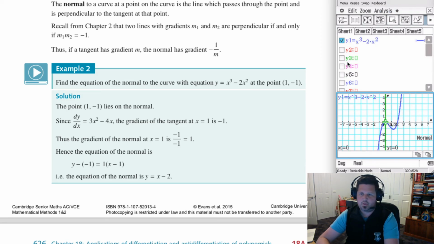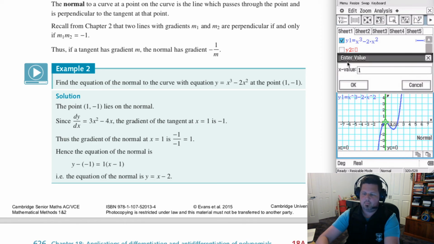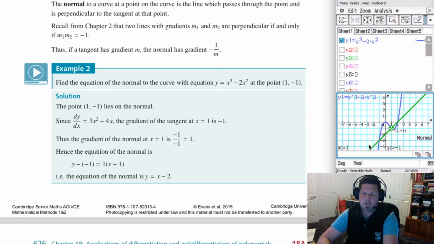We type in which section we want it on, at point 1. Click OK. We've got the line for the normal. If you want to know the equation, you press the execute button on your calculator and you get y equals x take away 2, as we discovered.